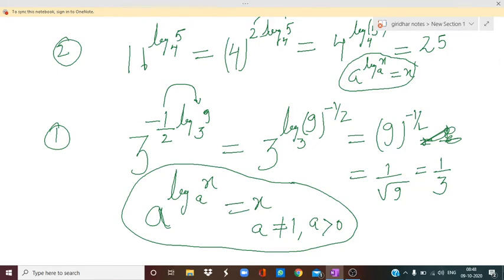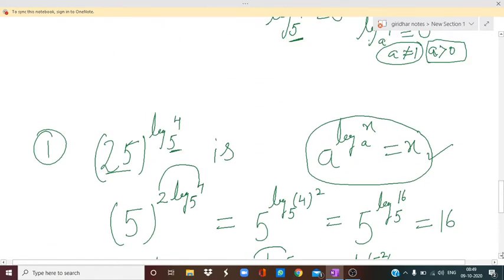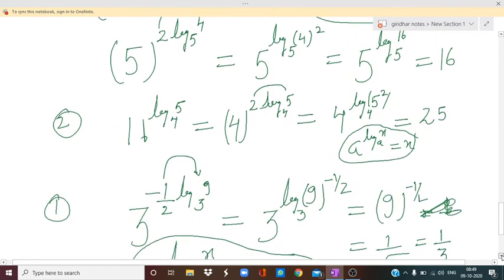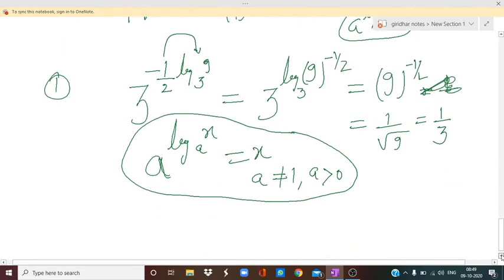Now look at this. We have some more segments where we'll use the properties. See, we have one question.